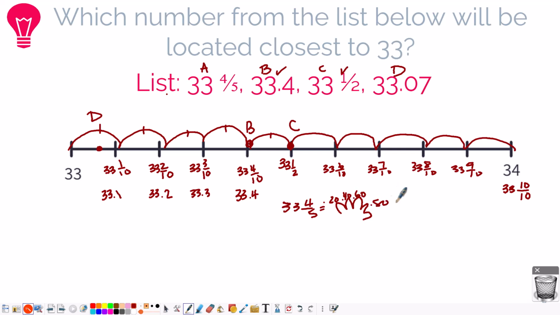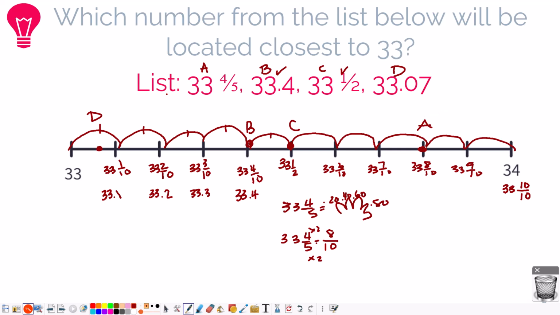So you could use your hands and count where 80/100ths or 80% would be, or you could say, well, if I have 4/5ths and I need 10ths, I can make an equivalent fraction. 5 times 2 is 10, 4 times 2 is 8. So here's your 33 and 8/10ths, located here. And that's 33 and 8/10ths, which is A.